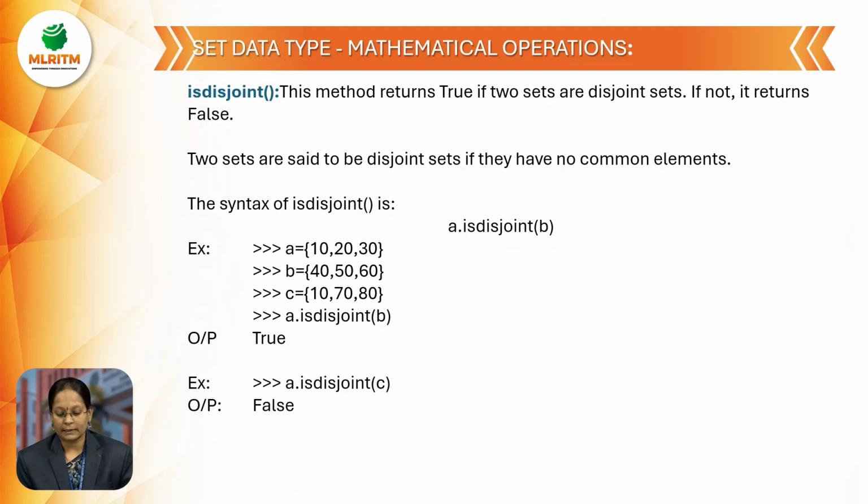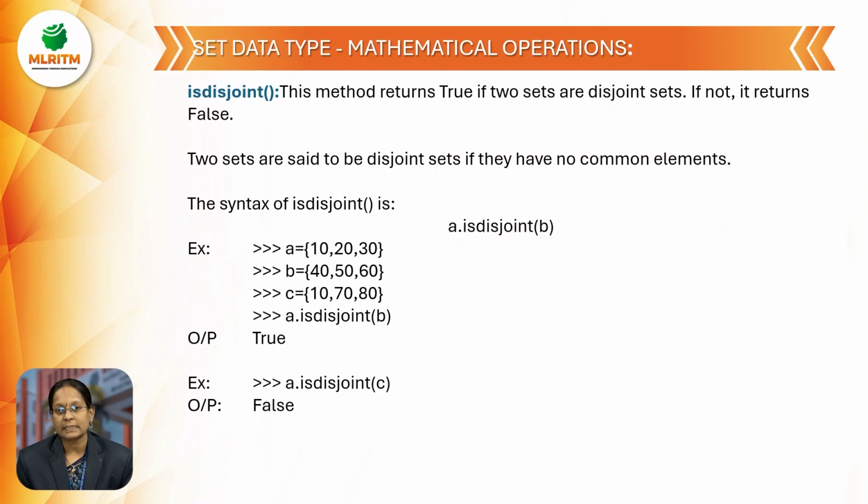The next operation is disjoint. This method returns true if two sets are disjoint sets. If not, it returns false. Two sets are said to be disjoint if they have no common elements.